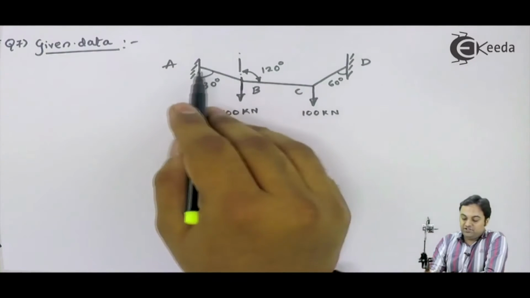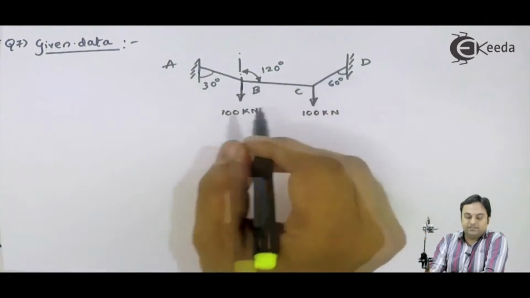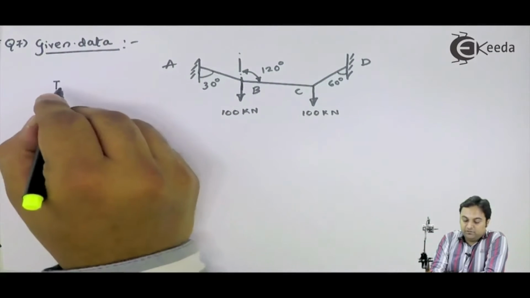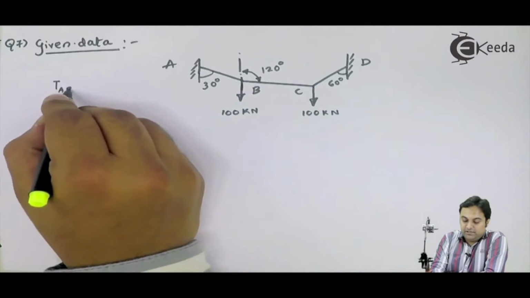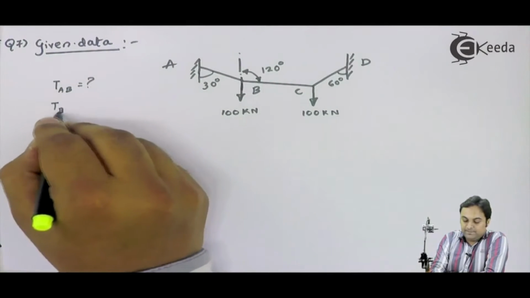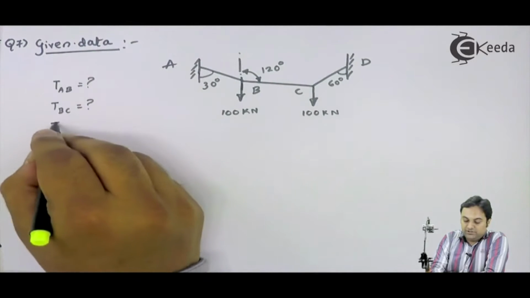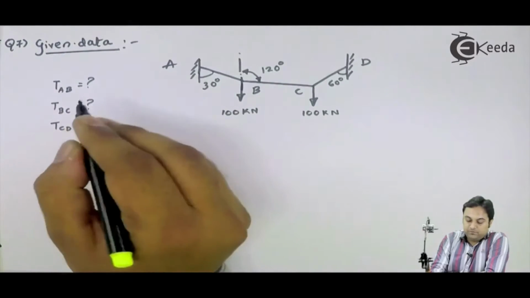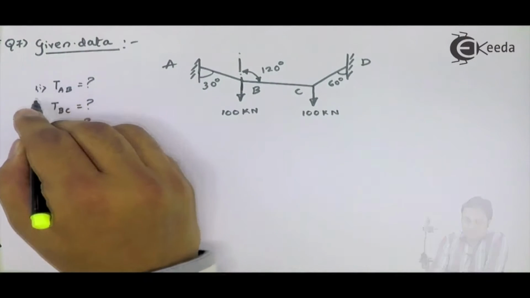We have to find tensions in chain AB, BC and CD. That is, we will be calculating what is the tension in AB, what is the tension in BC and what's the tension in CD. So these are my three questions here.